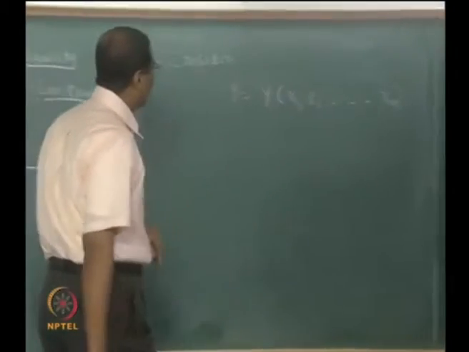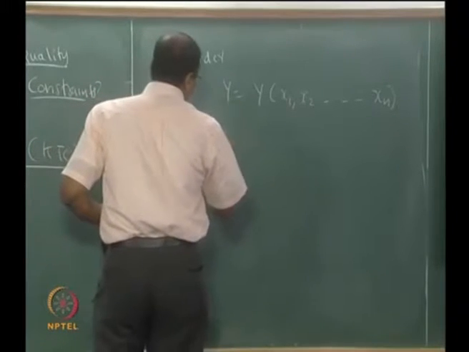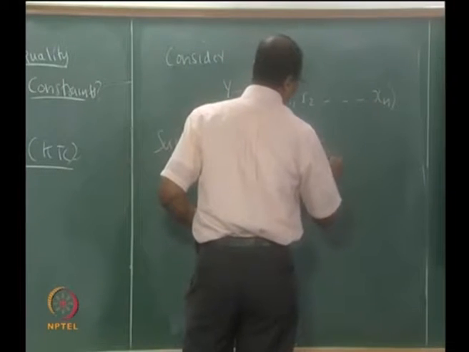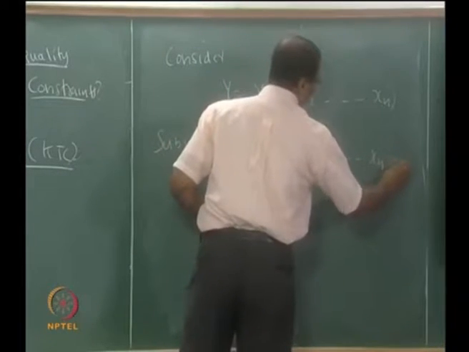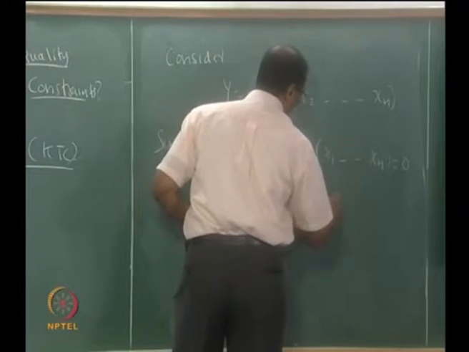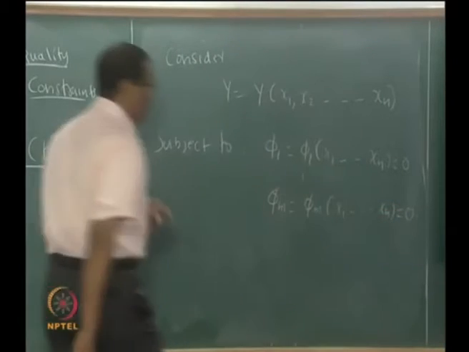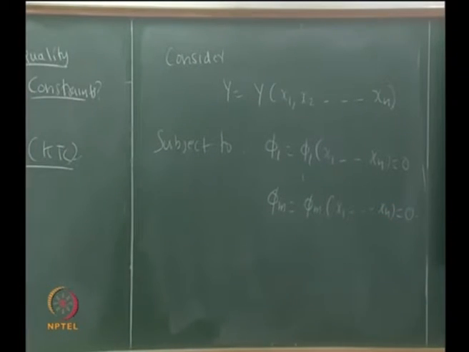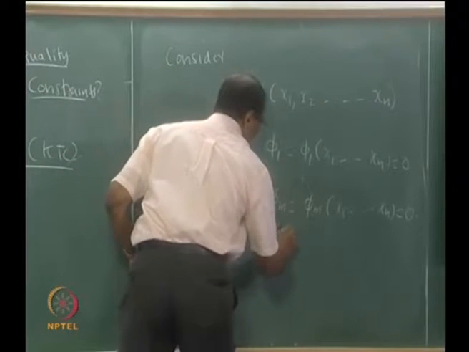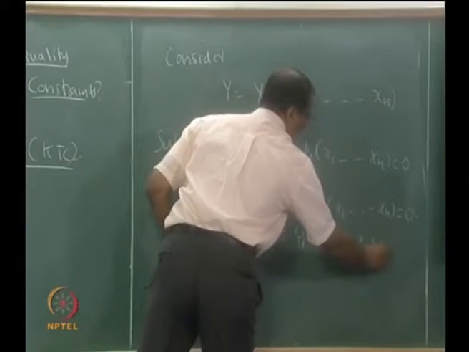So consider y equal to f of x1 to xn subject to, okay, and greater than or equal to 0.